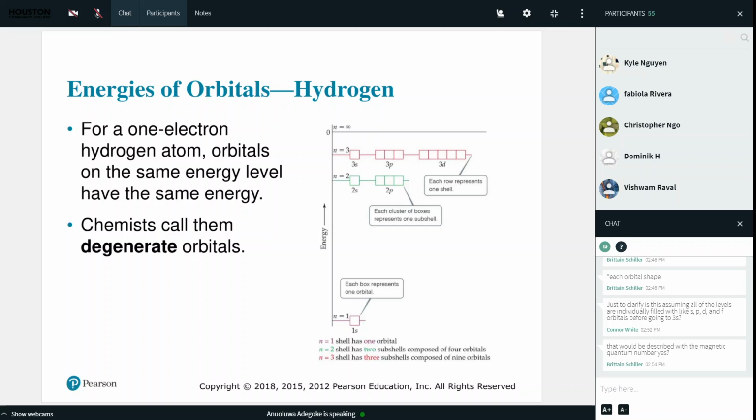So essentially, in that little table that we saw initially, 0 corresponds to s, 1 corresponds to p, 2 corresponds to d, and 3 corresponds to f.